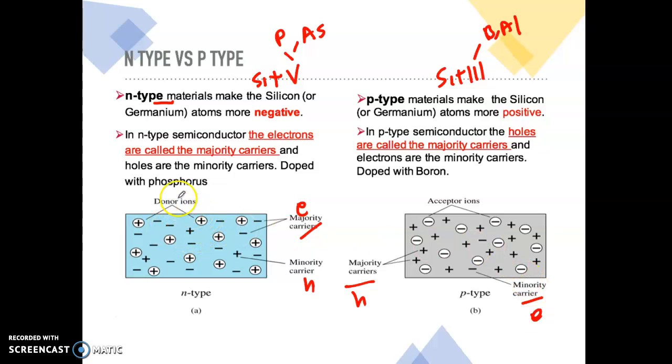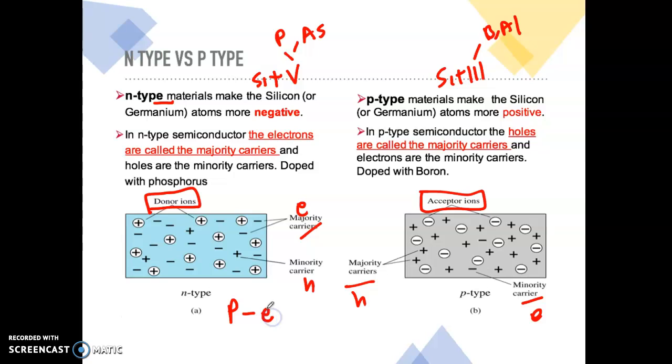So why do we have what we call the donor ion? Same here, we have what we call the acceptor ion. For your N-type, the valence electron for group 5 is 5, right? So it's trying to donate.